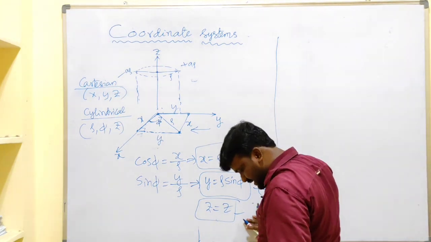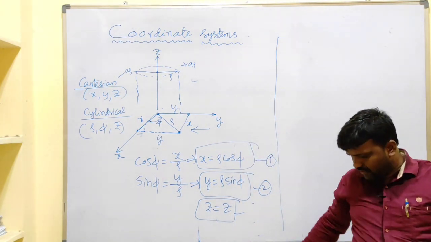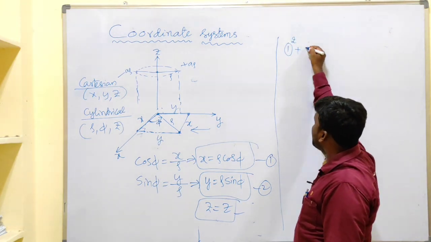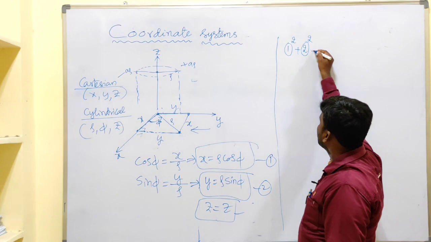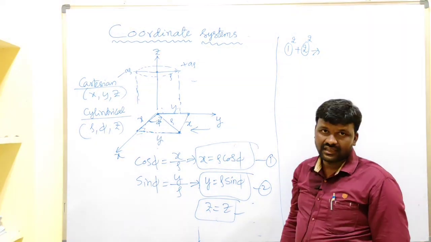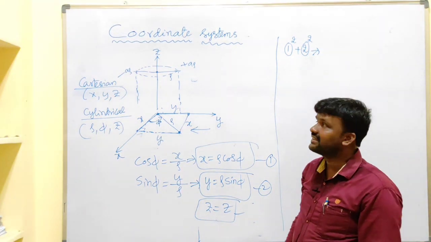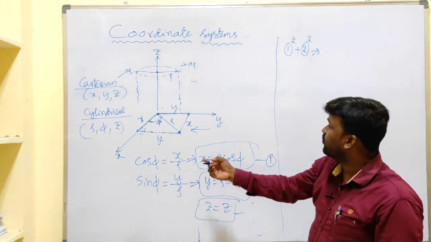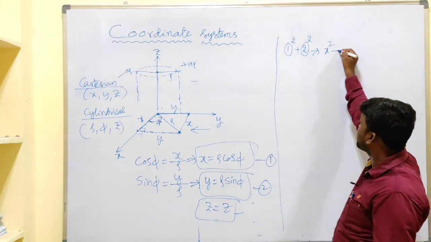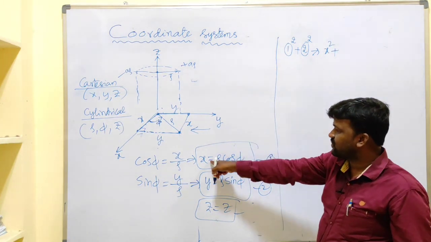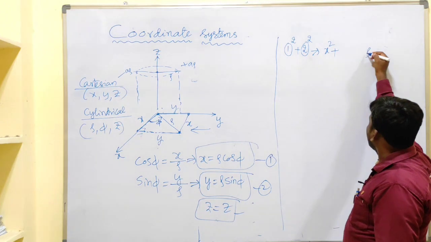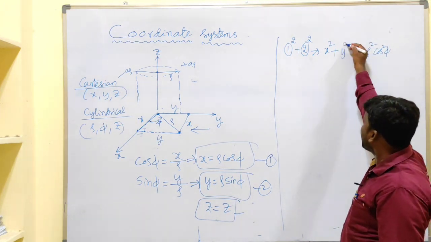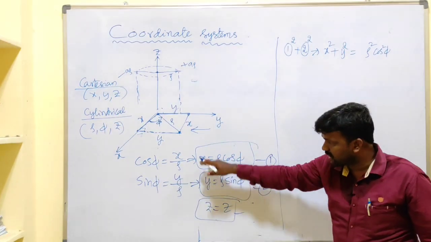Let us take equations 1, 2, 3. No need to consider equation 3. Let us consider equations 1 and 2. On the left hand side, x square plus y square.